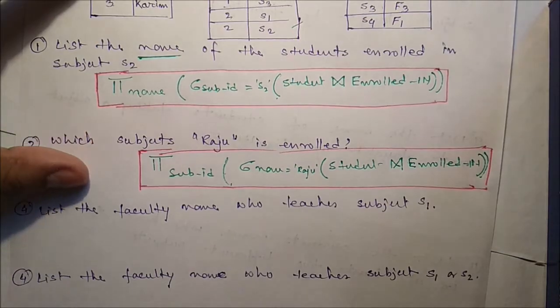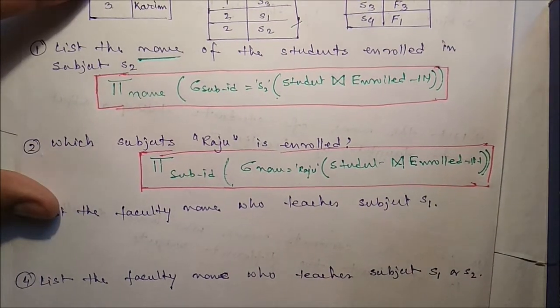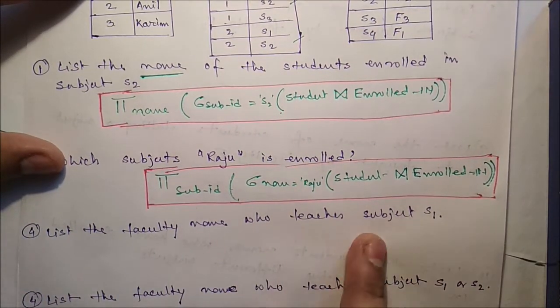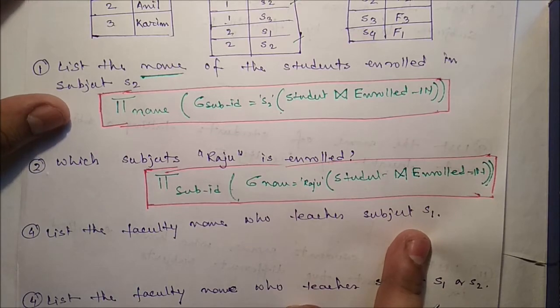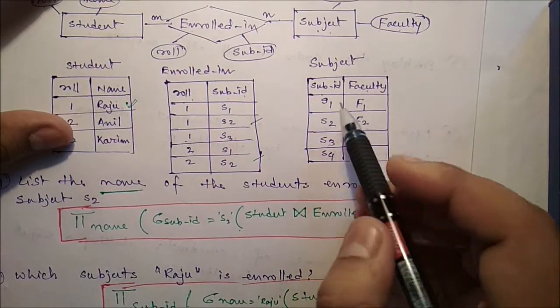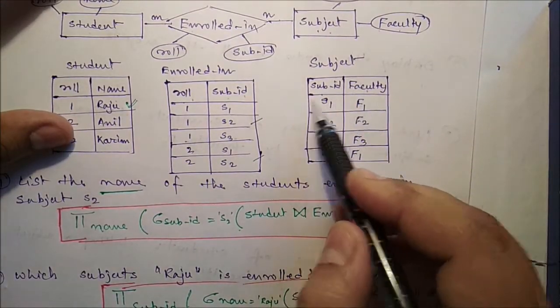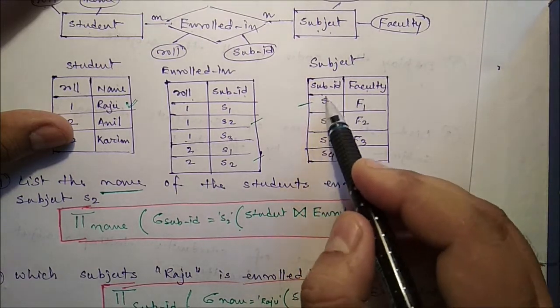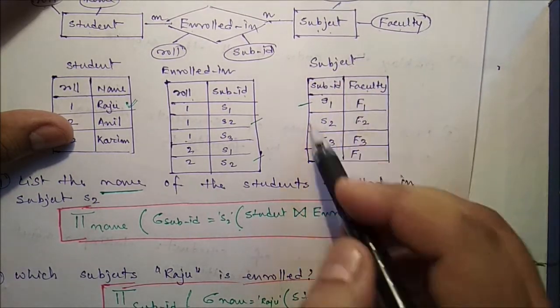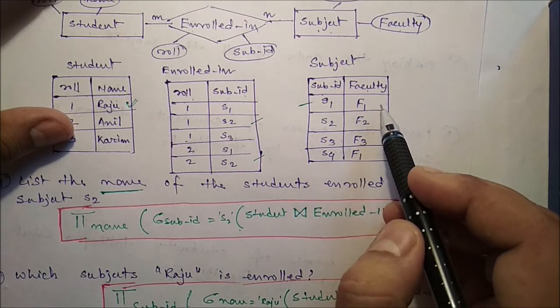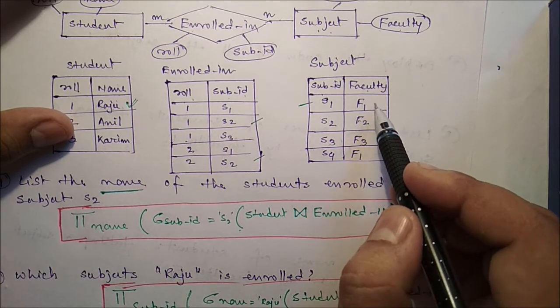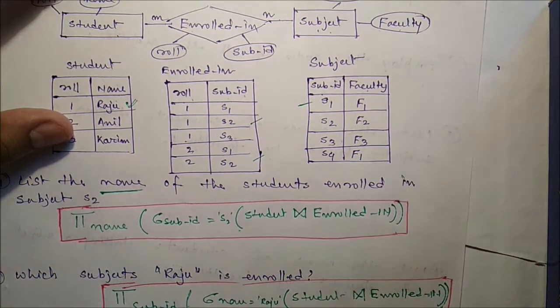The next relational algebra query is: list the faculty name who teaches subject S1. Who teaches subject S1? Here the subject table is there, and for S1 from this table we can get the faculty name. The output will definitely be F1.